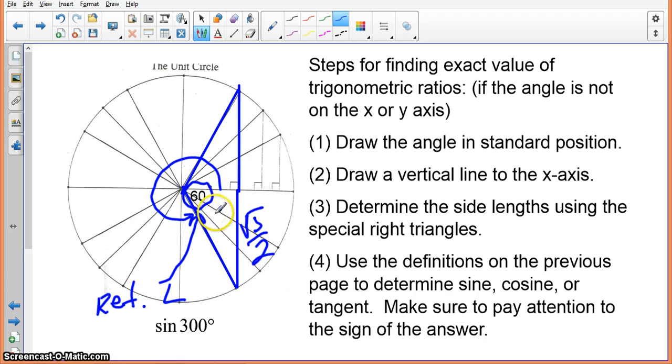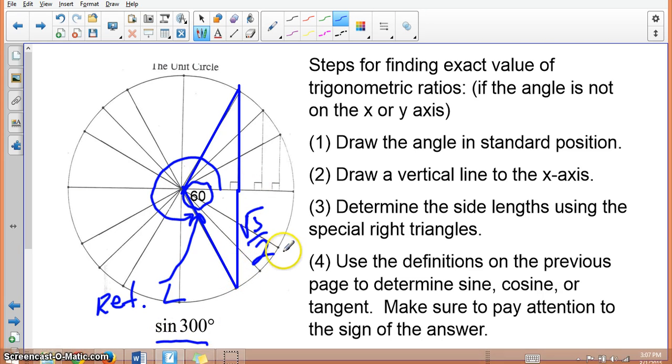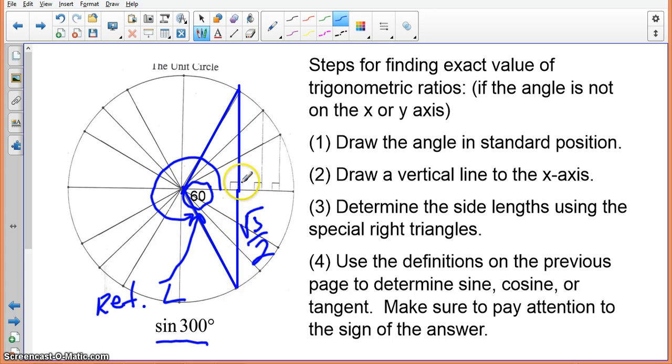So the fact that the reference angle is a 60-degree angle tells us which special right triangle it is. Then we can determine that this opposite side, which is what we care about because it's sine, has side length root 3 over 2, which means that this is negative root 3 over 2.